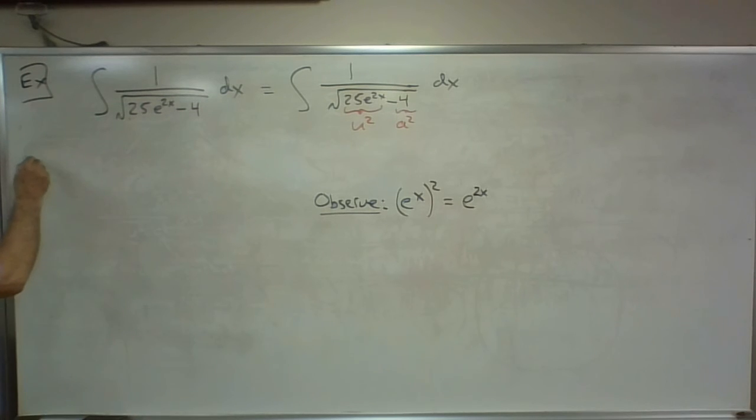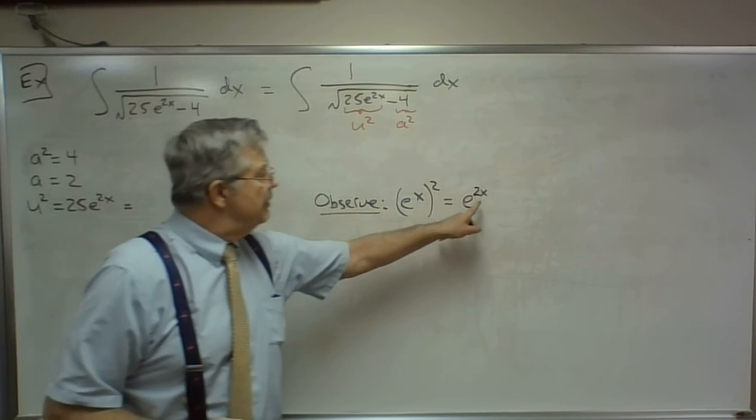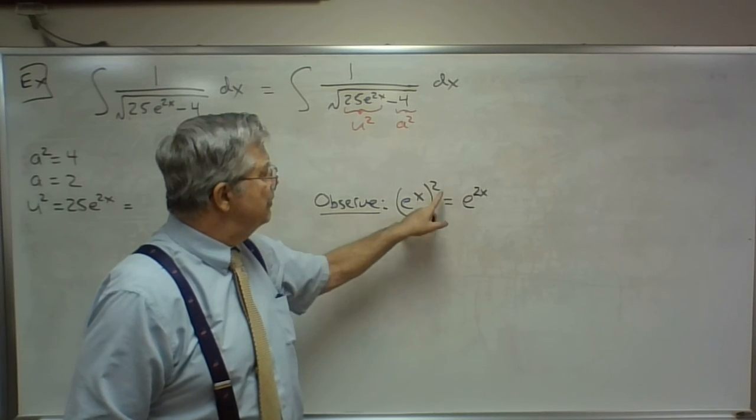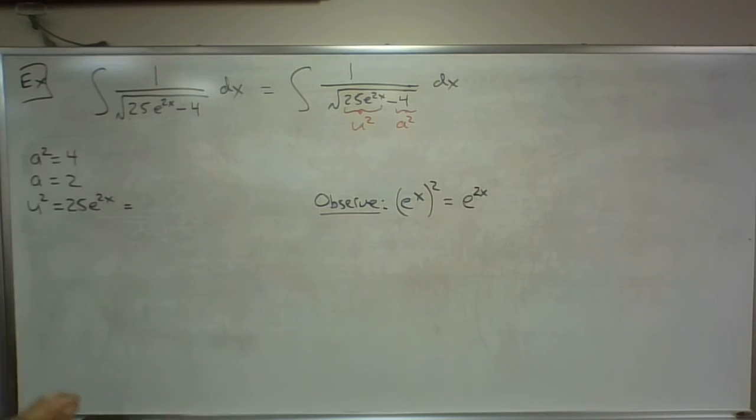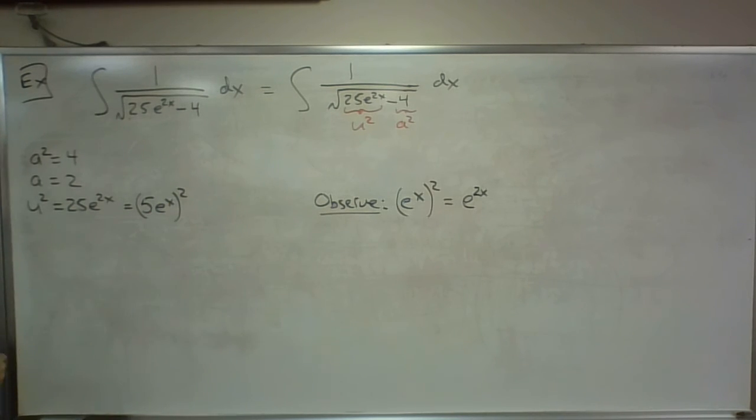Let's start writing things down. A squared equals 4. A equals 2. U squared equals 25e to the 2x, which is the same thing. Remember, e to the 2x is e to the x quantity squared. So this is going to be 5e to the x quantity squared.